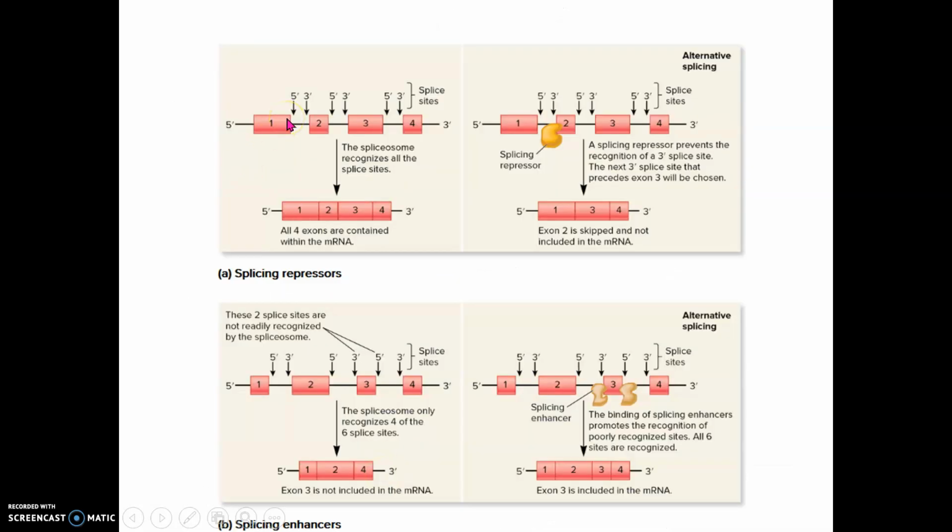So how do they do that? So there are splicing repressors and enhancers. So if you repress a site, then you're hiding this 3', forcing the spliceosome to recognize the next one. If you're enhancing it, you're saying, hey, make sure you get this one here, okay? So these are ways that alternative splicing can be achieved.